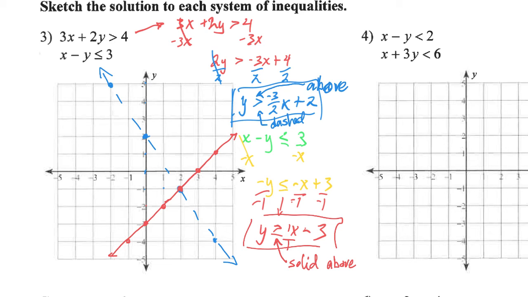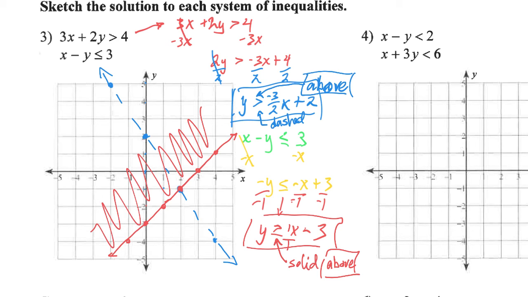Now I'm going to shade above the red line and above the blue line. Okay, now if the blue line wasn't there, above the red line would be everything above that, right? And above the blue line would be everything above there. So the only actual solution to this is where they overlap, where I shaded both.